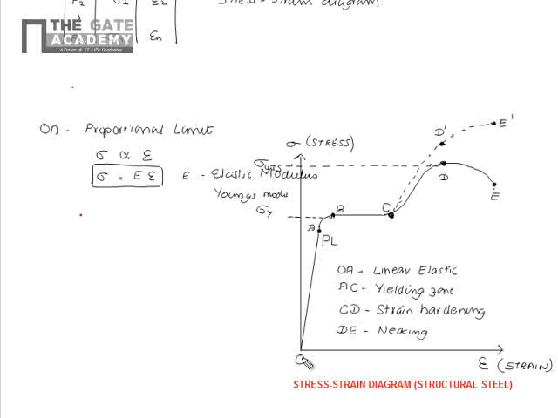The different portions of this curve are mentioned here. The portion OA is a linear elastic portion, and the point A is called the proportional limit. Similarly, the portion AC is a yielding zone. What is yielding?